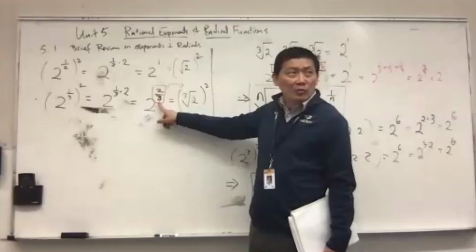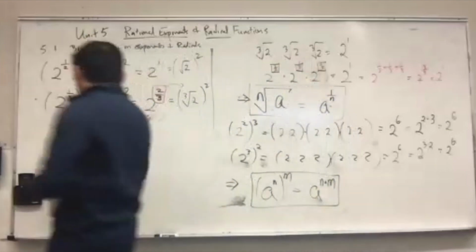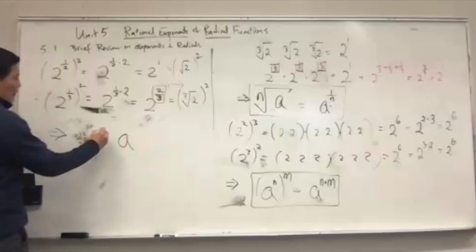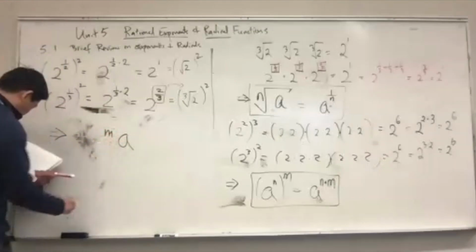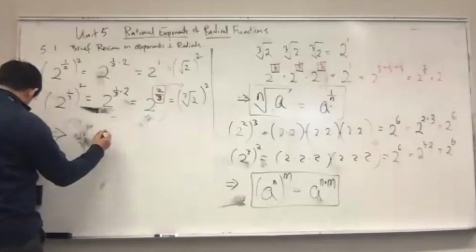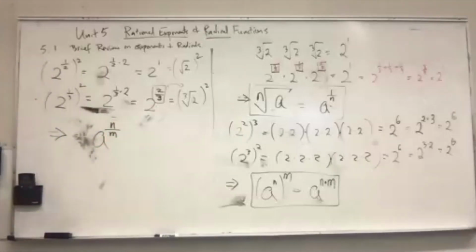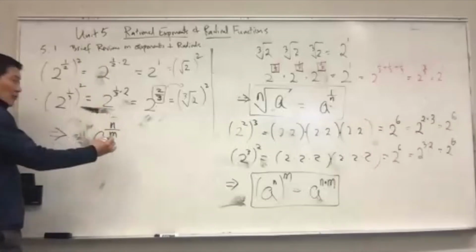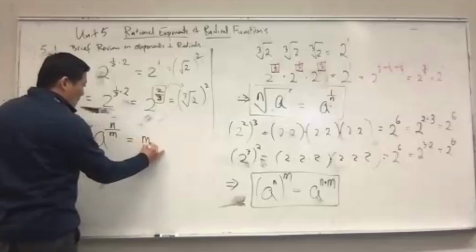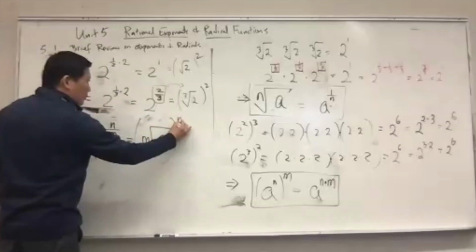The denominator, this 3, is the root. So what that means is, if you have a to the n over m power, this just means you got the m root of a, the whole thing to the n power.